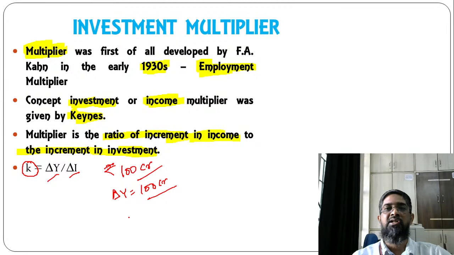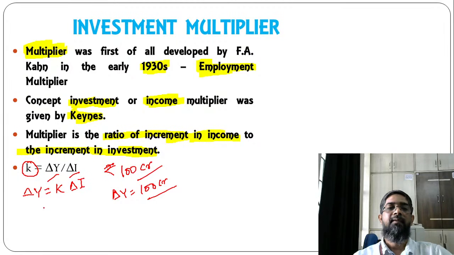That is what the analogy says. Simple analogy, common sense. But actually, if you follow this multiplier concept, it says that when there is an increase in investment by 100 crore, income will increase more than the investment, and you can write this equation like this: change in income will be equal to k times change in investment.